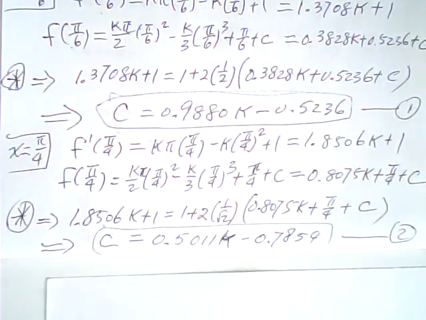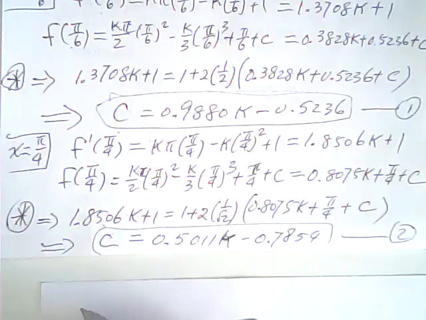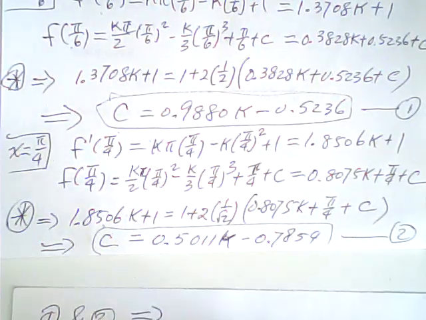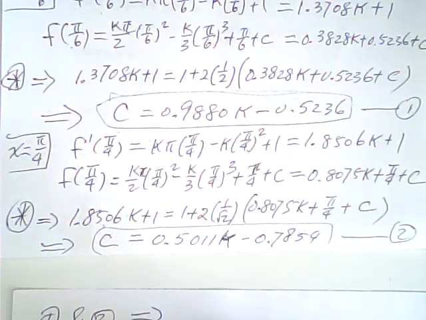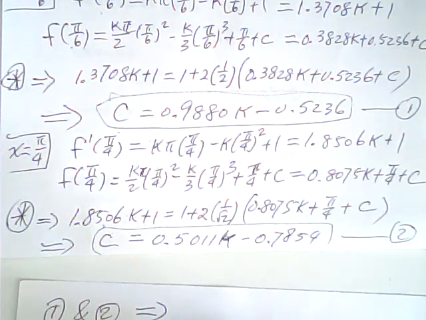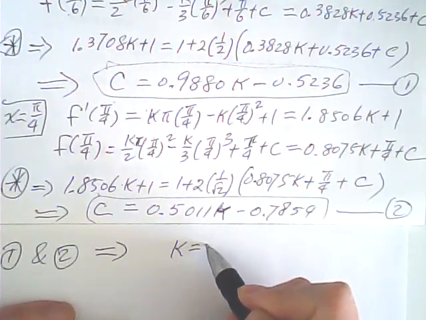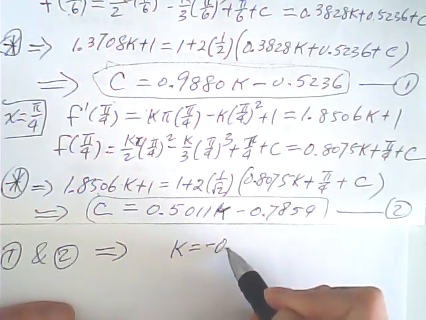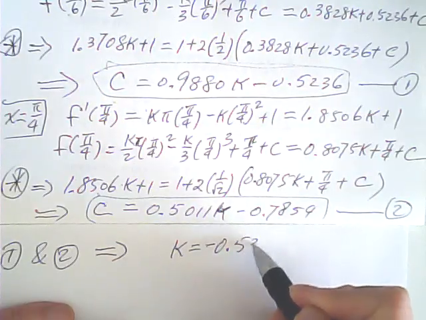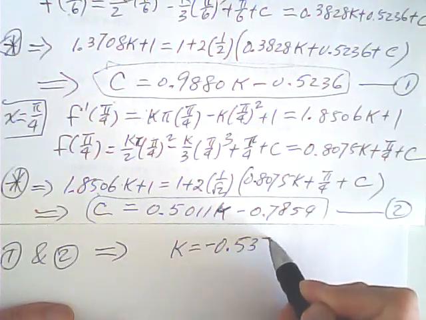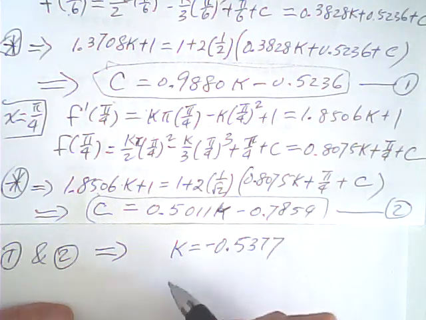Then these two equations, equation 1 and equation 2, will give us the values of k and c. K is equal to negative 0.5377.